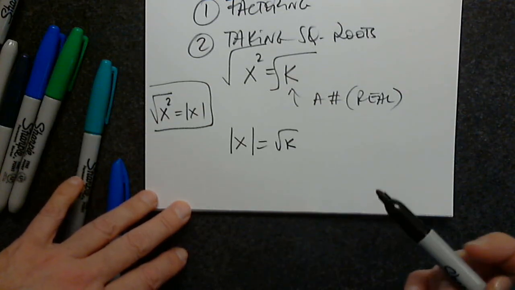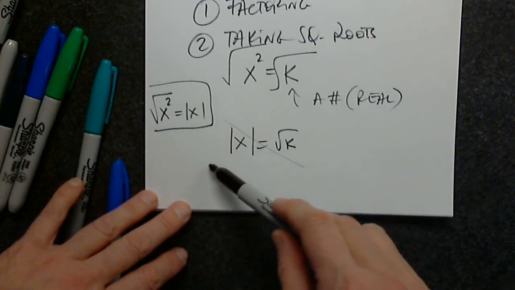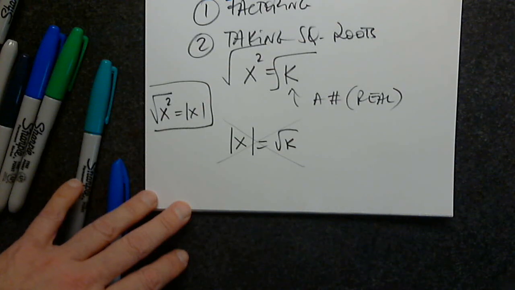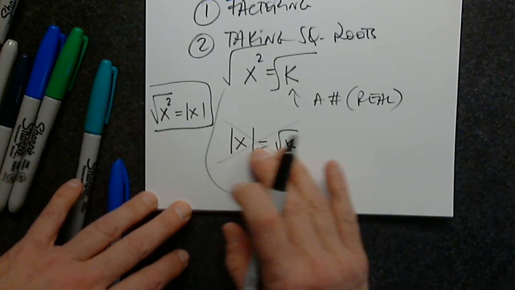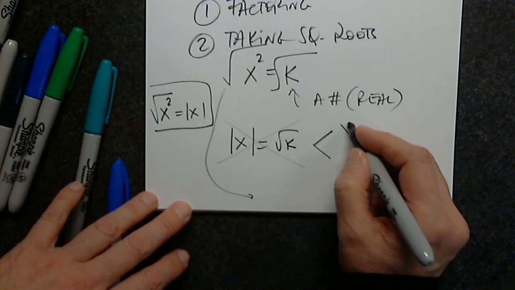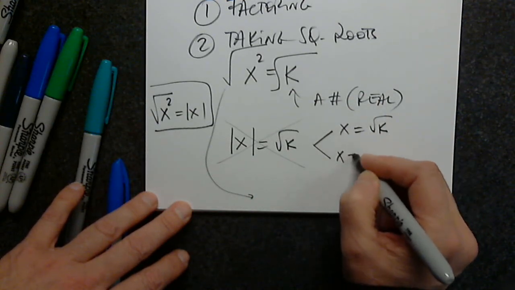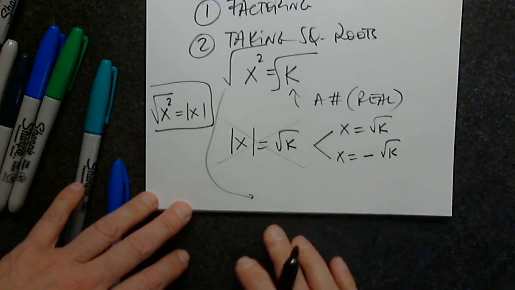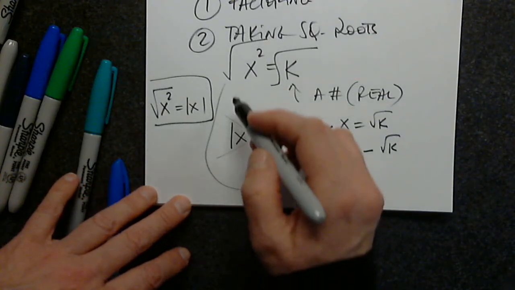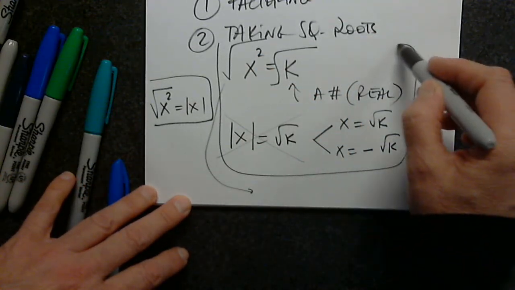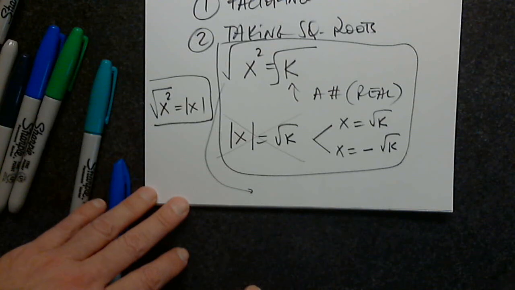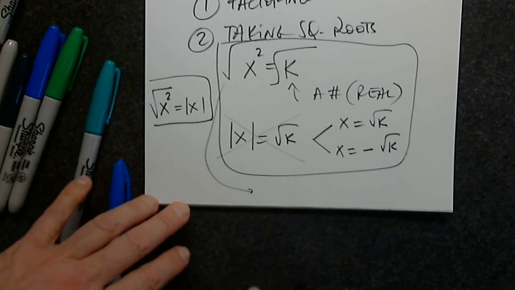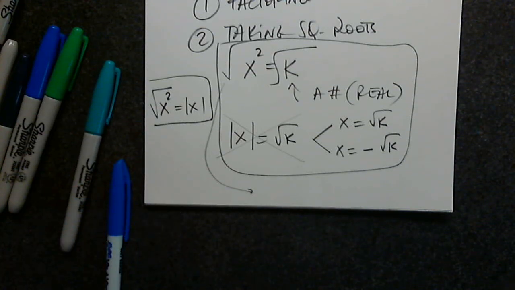The book and everything else, they omit this step, which I think is wrong, but they do omit it. So they immediately go from here, because after you solve this equation, you get 2 options. X equals the square root of k, and x equals the opposite, negative square root of k. This is the theory. This is the method we are going to apply. But in applications, it will look much nicer than what you see here, more user-friendly than this.